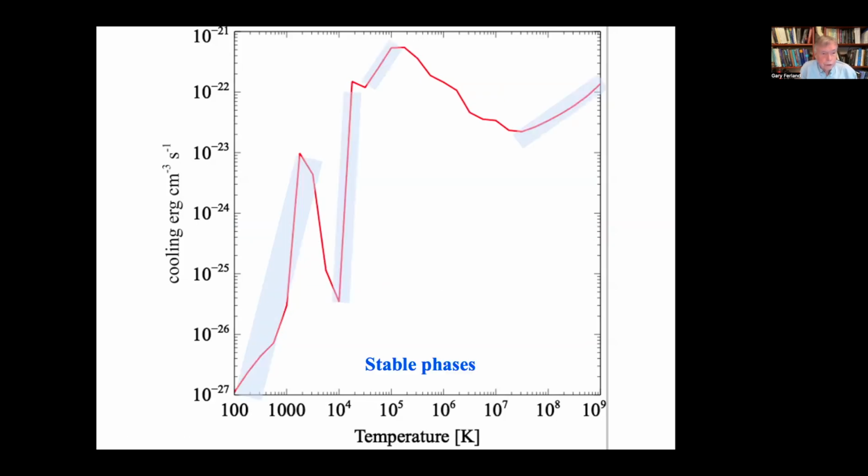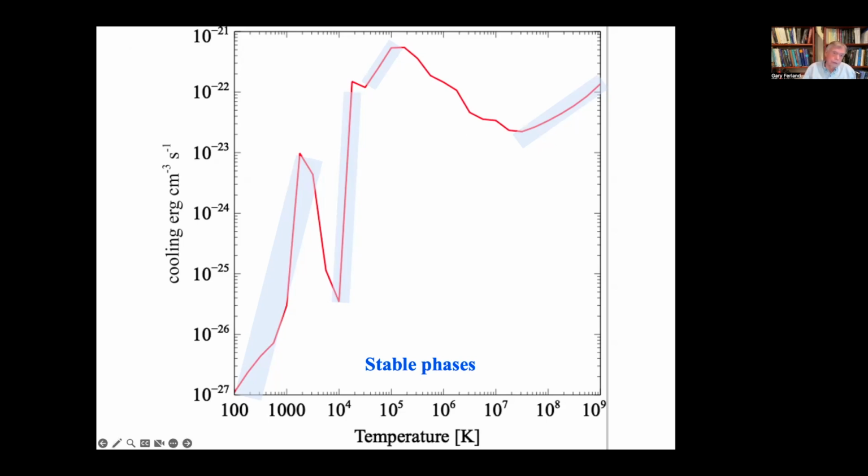So in a cooling function, you have these areas shown in gray that are thermally stable. Any part where the cooling derivative is positive with respect to temperature is stable. If you want to do it exactly, you should include the heating dependence on temperature too. You want the net heating, cooling minus heating, to be positive to be stable.